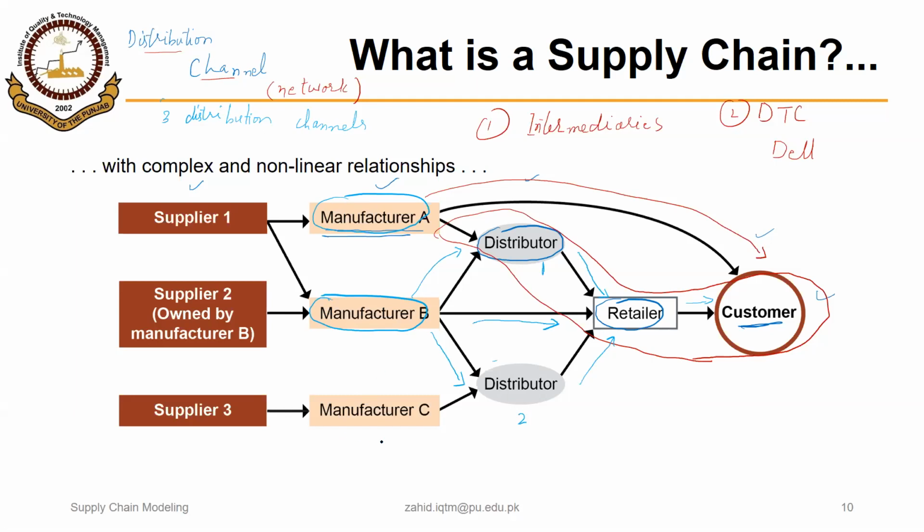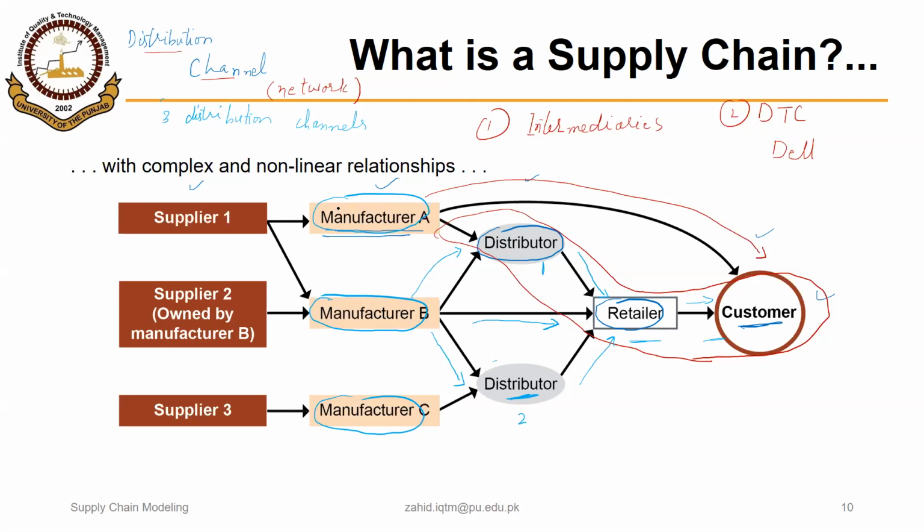And similarly for manufacturer C, you can see that manufacturer C is having just one distribution network, and it is supplying through distributor 2, through retailer, and to the customer. So it is also possible that an organization has only one distribution channel or distribution network. And again, you can see that distributors are common with multiple manufacturers as well. Same is true about retailer, that is common with multiple distributors.